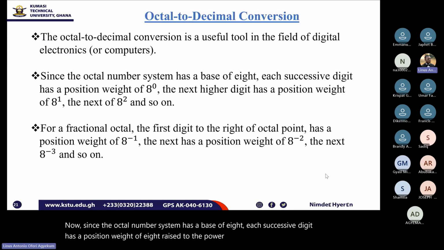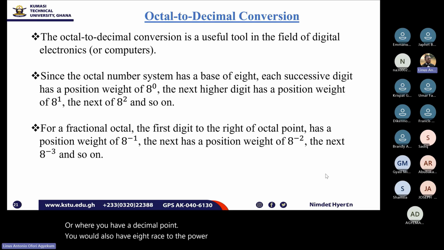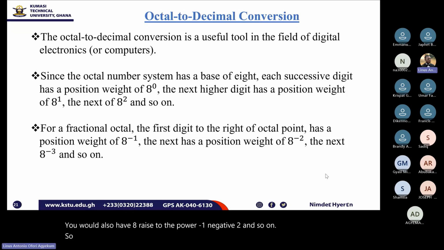The next higher digit has a position weight of 8 raised to the power 1. The next one, 8 raised to the power 2, and so on, like we looked at for the other number systems. And where you have a fraction or a decimal point, you would also have 8 raised to the power -1, -2, and so on. So kindly take note of that.